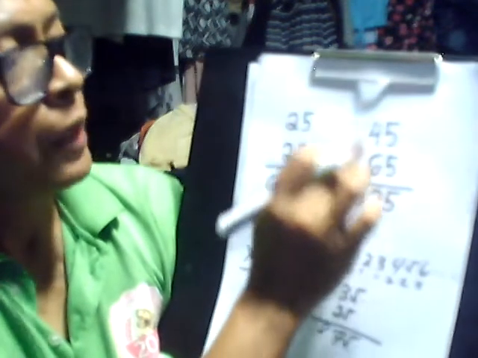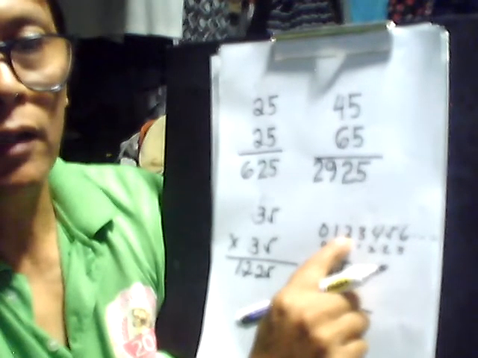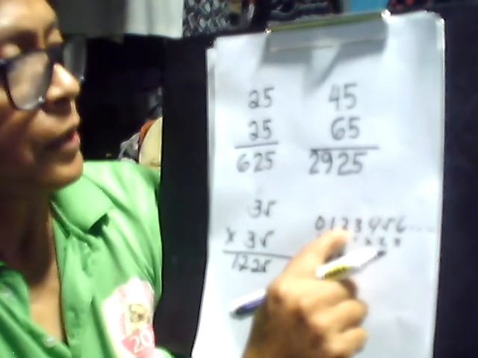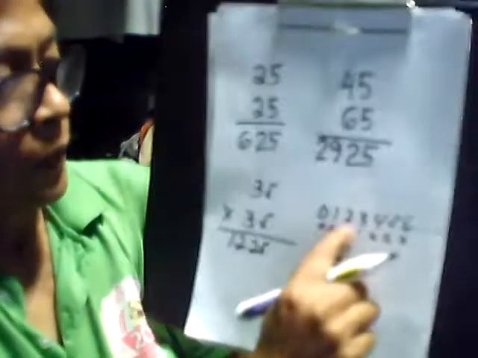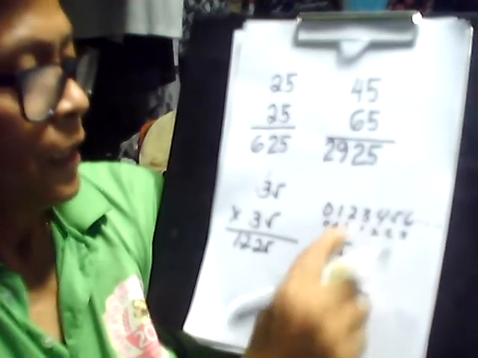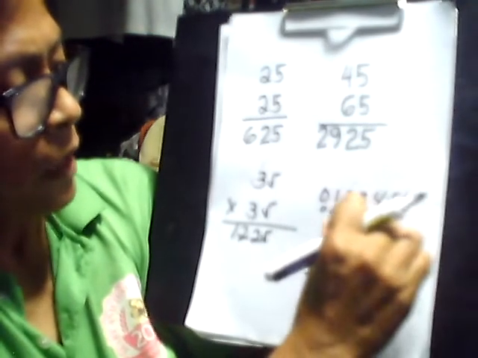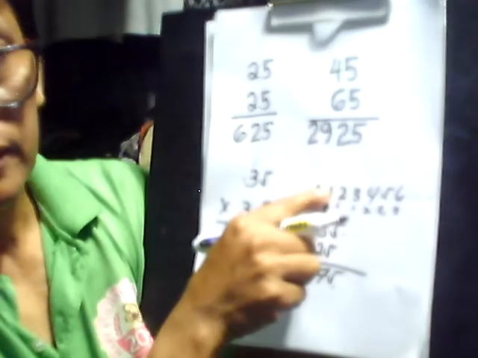Okay, I repeat. 6 minus 4 is 2. And the difference is 2. What did I say earlier? If the difference of the two first digit numbers is 2, you add 1. Okay? Here, when I subtracted 2 from 3, the result is 1.